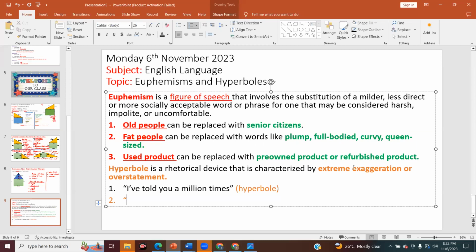I'm so hungry I could eat a whole horse. That's good. Someone said the car costs an arm and a leg. Very good.